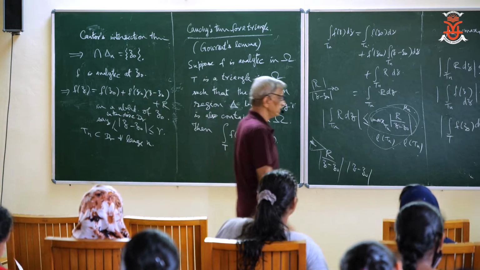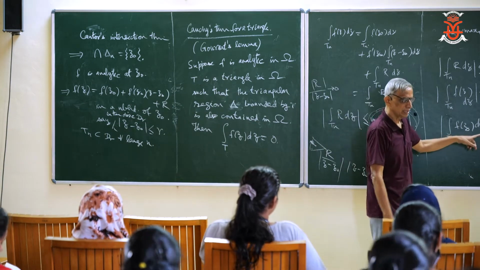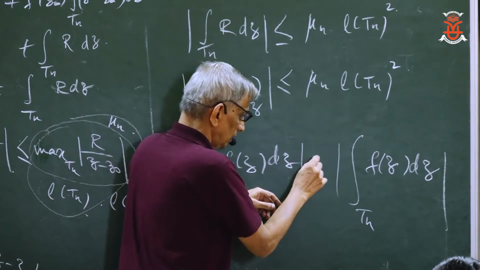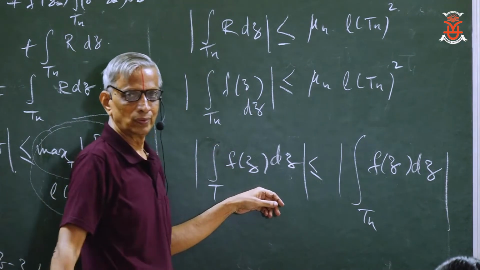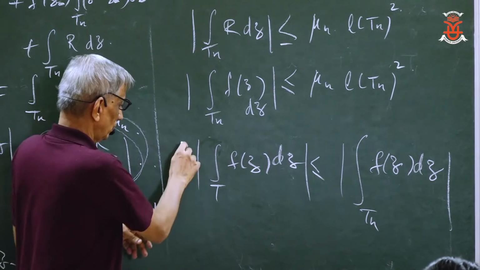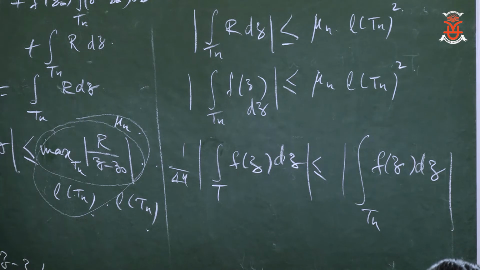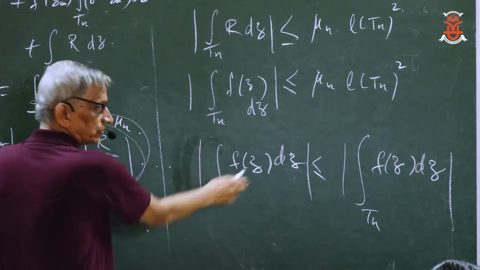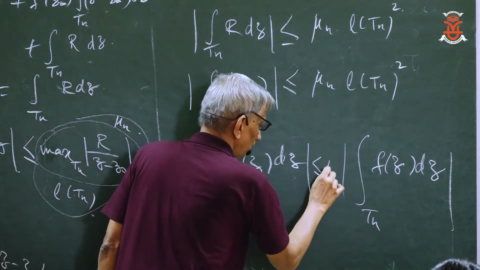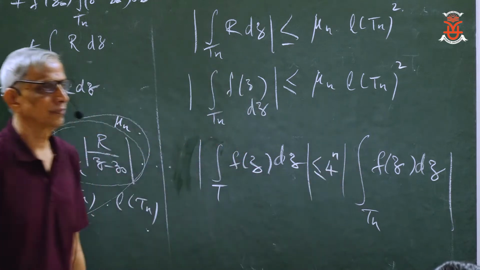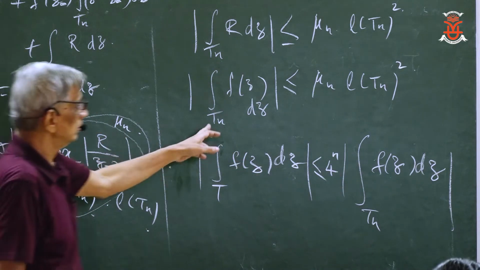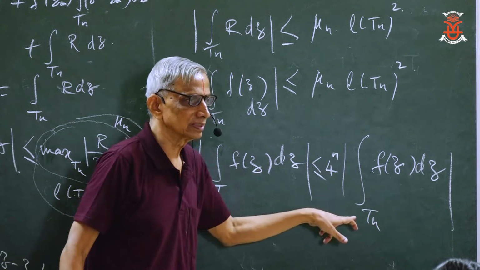Right? So integral over Tn is going to be greater than or equal to 1/4 to the n integral over T, or you take the 4 to the n to the other side. But we have an estimate for this.